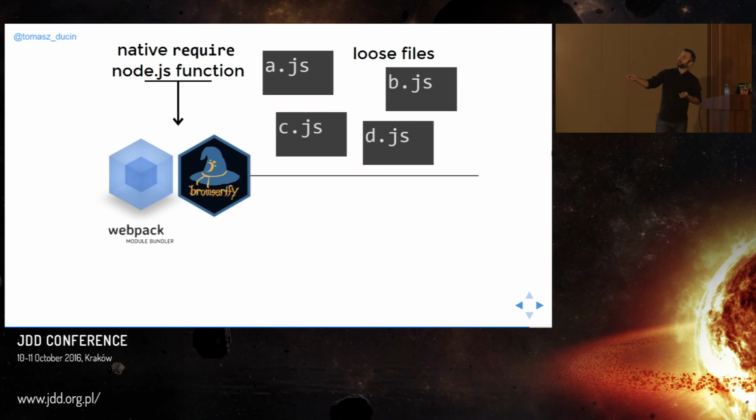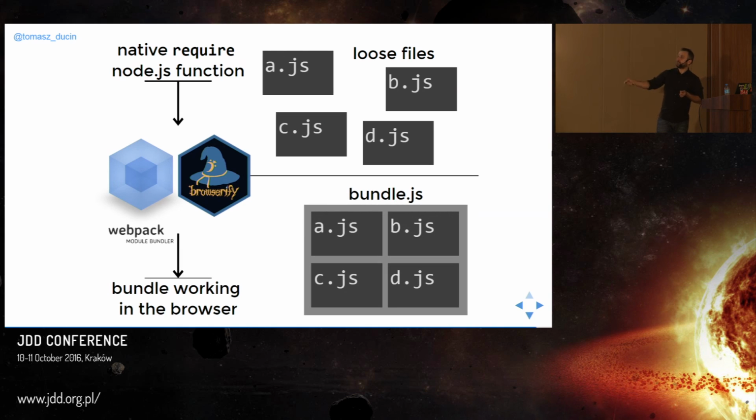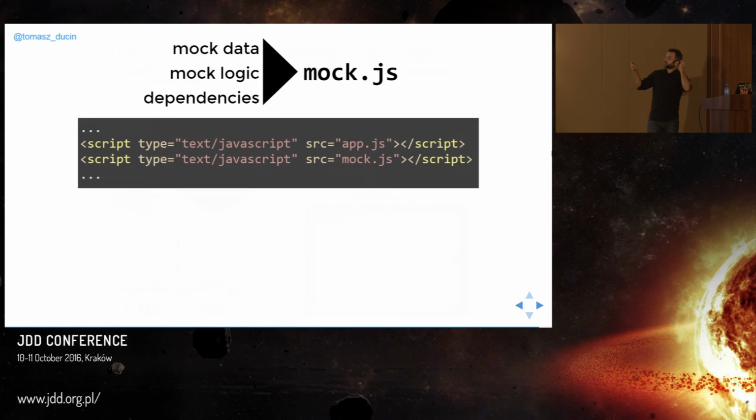They use the native require function, grab all the loose files, and create a bundle, a single file that knows how to process the require function, right? So the mock data, mock logic, and dependencies put in this mock.js bundle will know how to interact with the functions of the mock behavior, of the data, and so on.